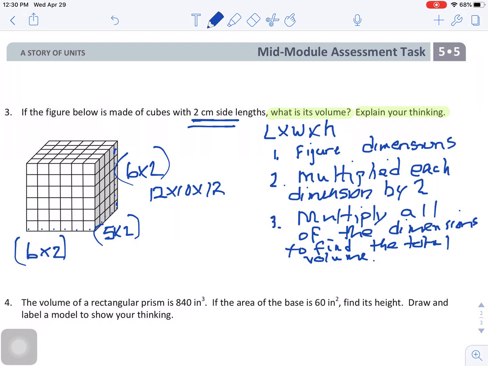And for me, as I'm doing this, I'm actually going to rearrange this using the commutative property, and I'm going to multiply 12 times 12, because I know that's 144, times 10. Right? So 144 times 10 is 1,440, and I have to use my correct unit of measure.